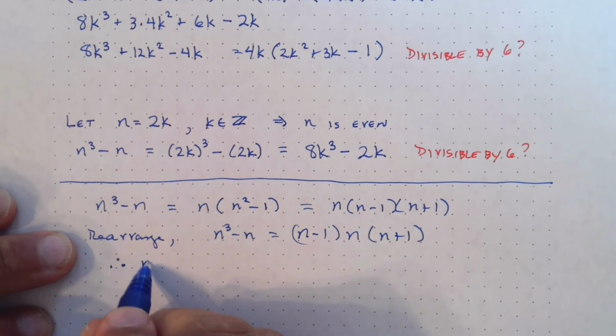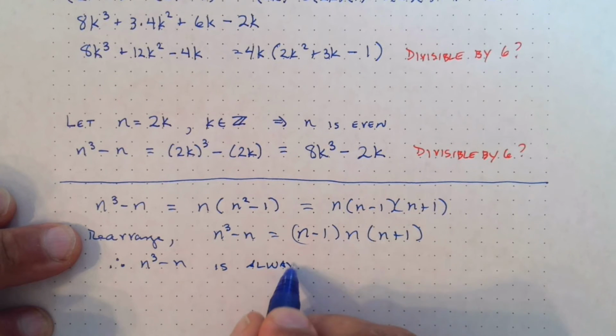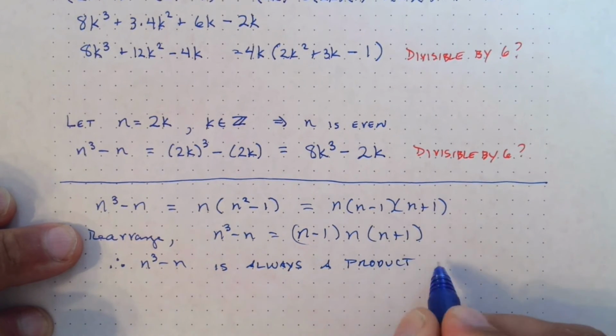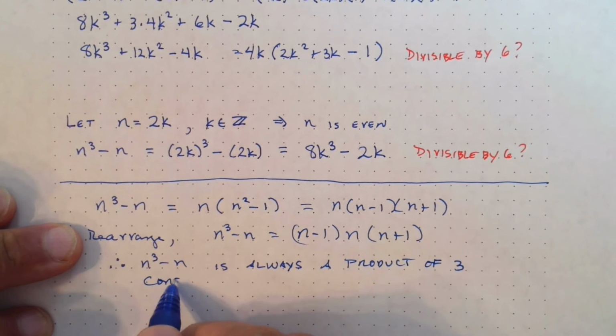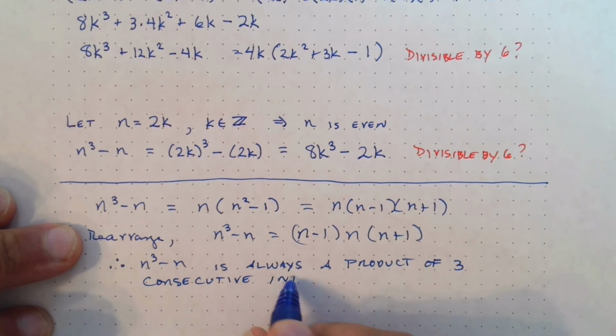So therefore, n cubed minus n is always a product of 3 consecutive integers.